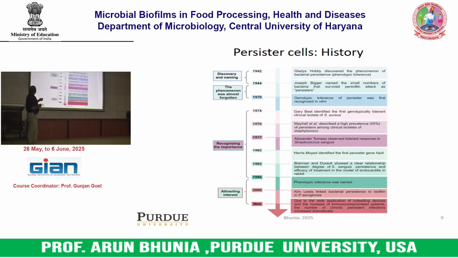I think in 1942 is when Hobby actually discovered the phenomenon. This individual, Joseph Bigger, actually named these small numbers of bacteria that survive penicillin treatment persisters. The actual terminology was coined in 1944. And then over the years, a lot of work has been done, and people are trying to understand the mechanism.